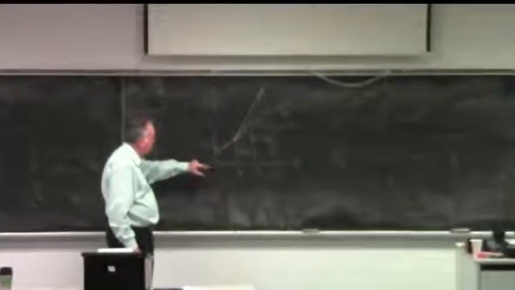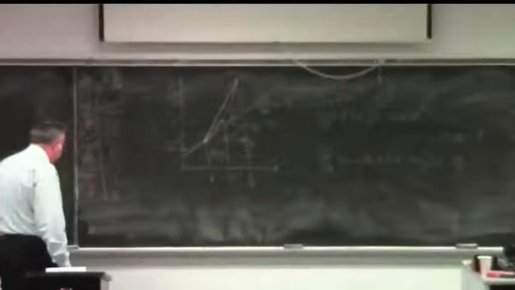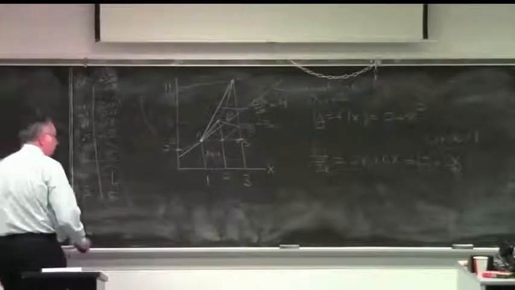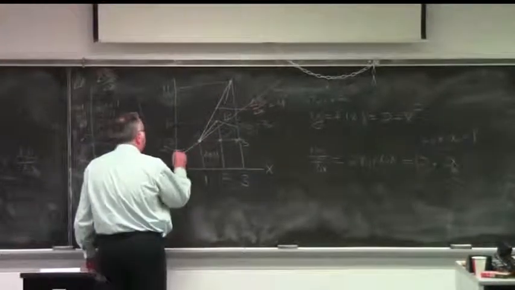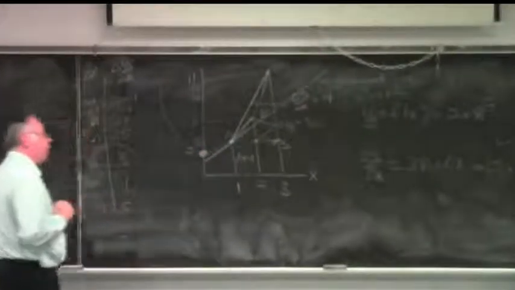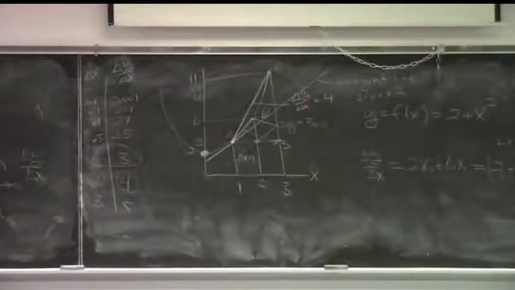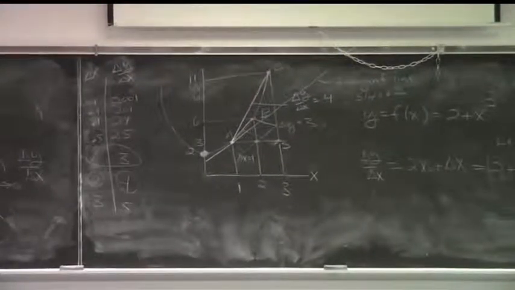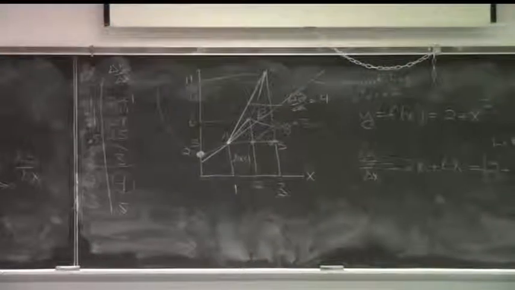Okay. Let me just test you on something. Suppose x equals 0. At x equals 0, what would the value of the derivative be? Without working it out mathematically, just using the concept of point slope.